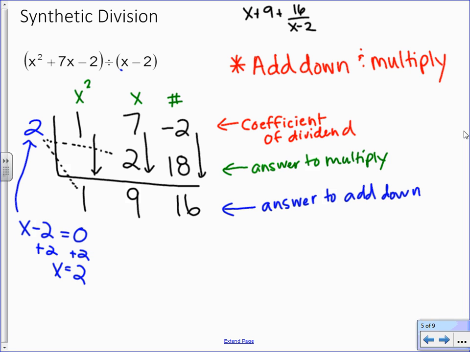Jace's answer from example 1. So what happens in synthetic is you took an x squared, you divided it by x, so now everything on the line at the bottom is 1 less than it was before. This is now x. X's become numbers, and numbers become remainders.